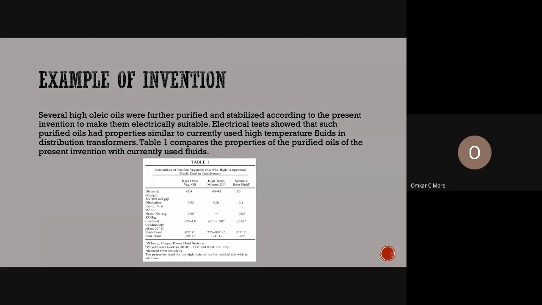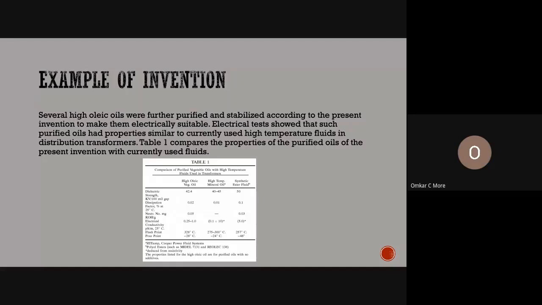In synthetic ester, it is given as 0.03. Then electrical conductivity is 0.25 to 1.0 picosiemens per meter, then 0.1 to 10 picosiemens per meter, depending upon the oils. Flash point is 328 degrees Celsius for vegetable oil.